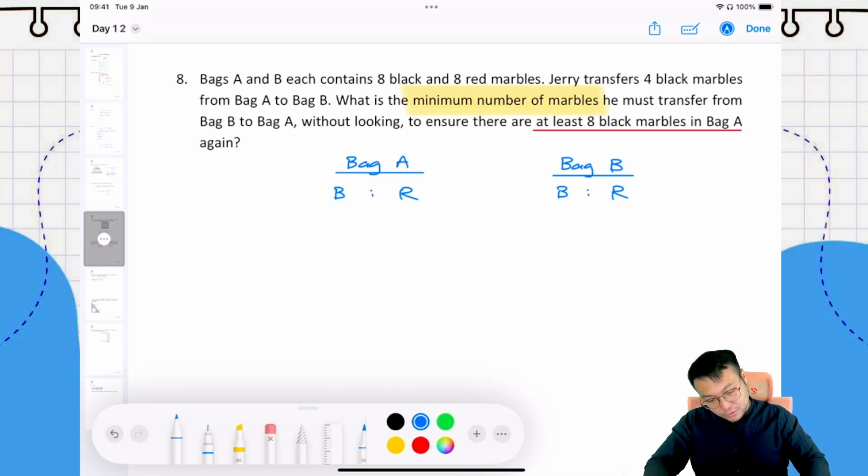You took 4 black marbles from bag A, which means you have 4 black marbles left. And in bag B, you have 12 black marbles, because both of them started with 8 each.